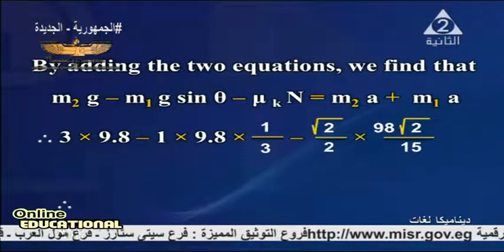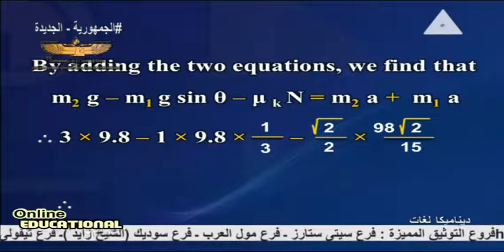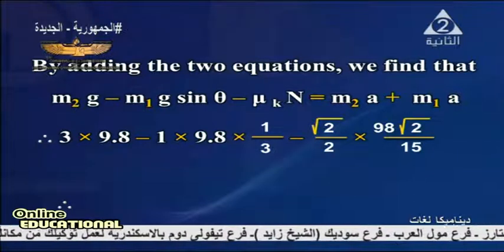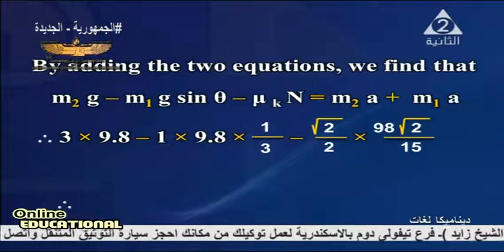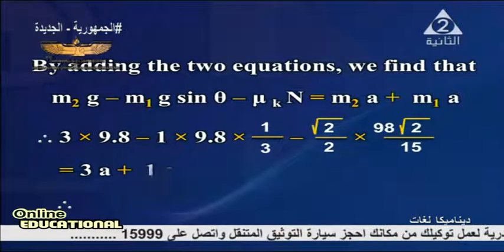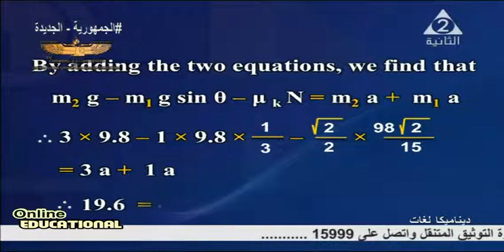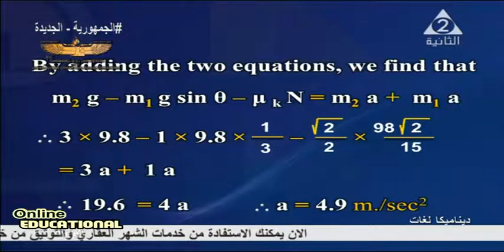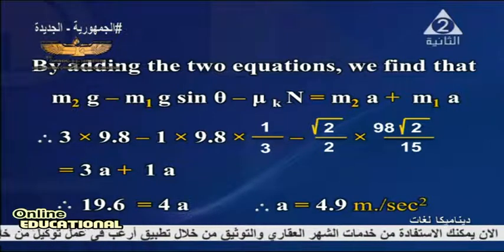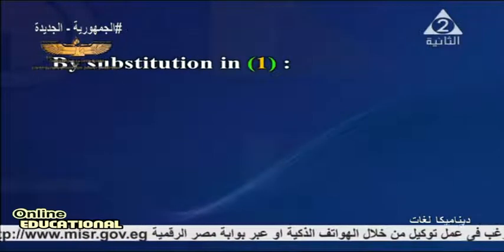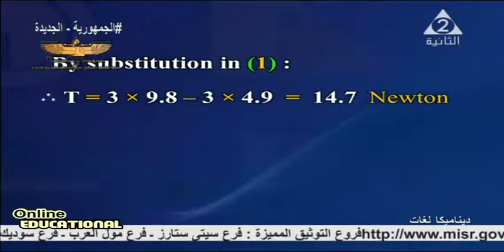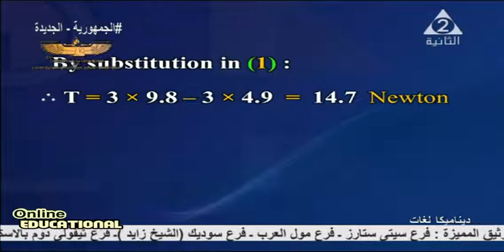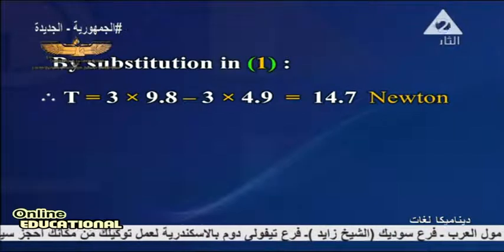Then 3 times 9.8 minus 1 times 9.8 times a third minus root 2 over 2 times 98 root 2 over 15 equals 3a plus 1a. Then 19.6 equals 4a. The acceleration of motion a equals 4.9 meters per second squared. Now, to get the tension T, we can substitute in equation number 1. Then the tension T equals 3 times 9.8 minus 3 times 4.9 equals 14.7 Newton.